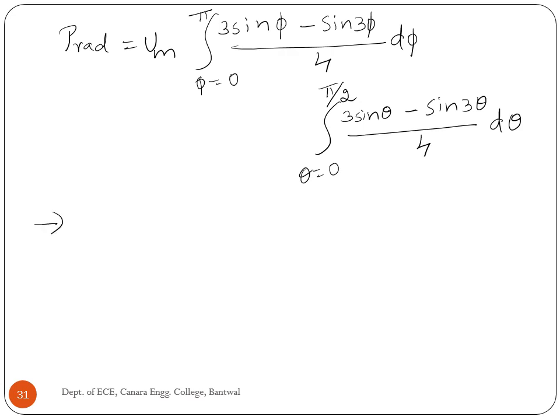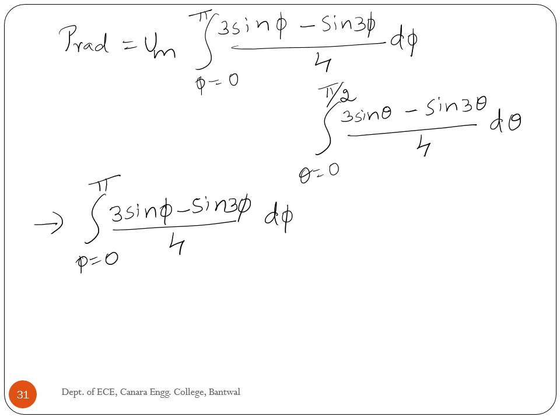But first I'll solve the d phi integration, that is integration of 3 sin phi minus sin 3 phi divided by 4, when phi is from 0 to pi.